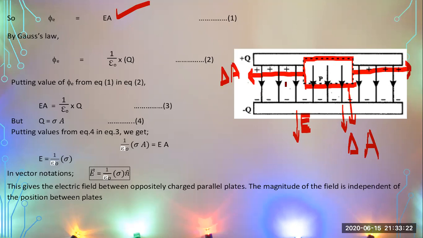These are the charges, and due to the charges there are electric lines of forces, and you will apply Gauss's law. After application of Gauss's law, you calculate 1 over epsilon naught times q, the charge enclosed within the closed surface.